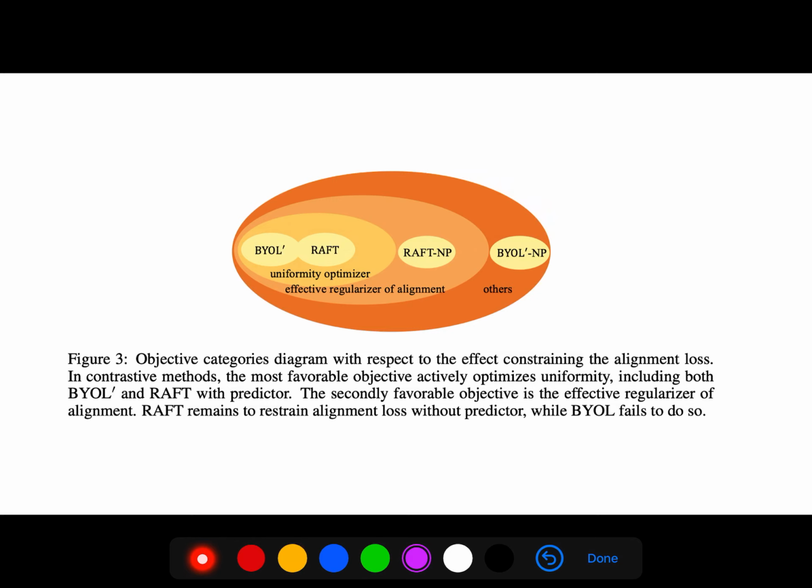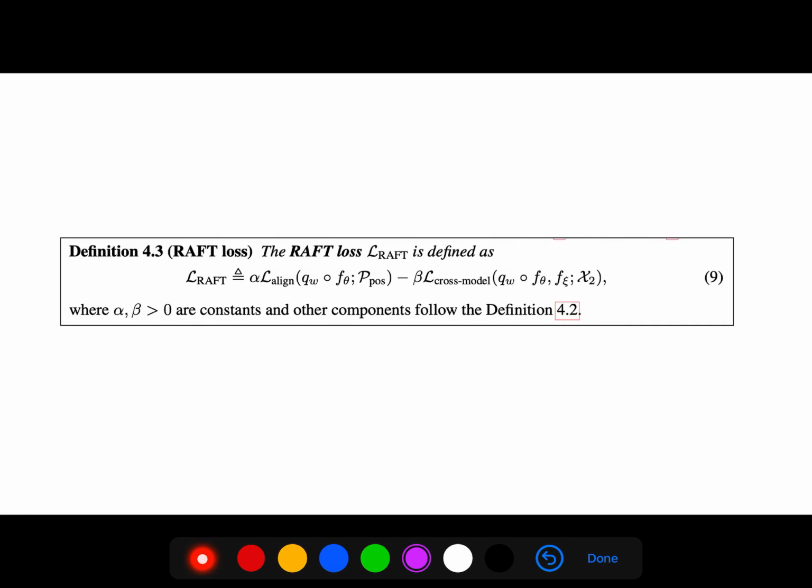The second most favorable objective is an effective regularizer of the alignment, and RAFT remains able to restrain alignment loss without predictor, while BYOL fails to do so. And this is the definition of the RAFT loss, which is just a linear combination, a trade-off between the cross-model and the alignment loss.